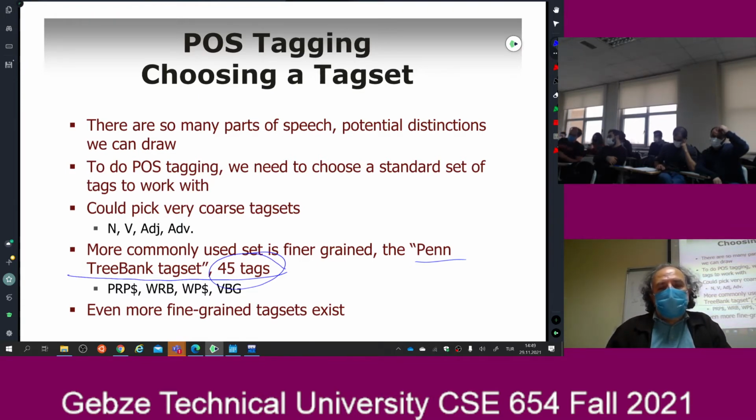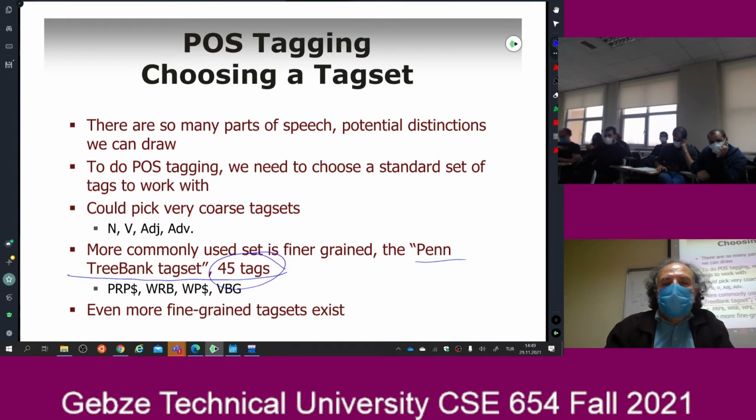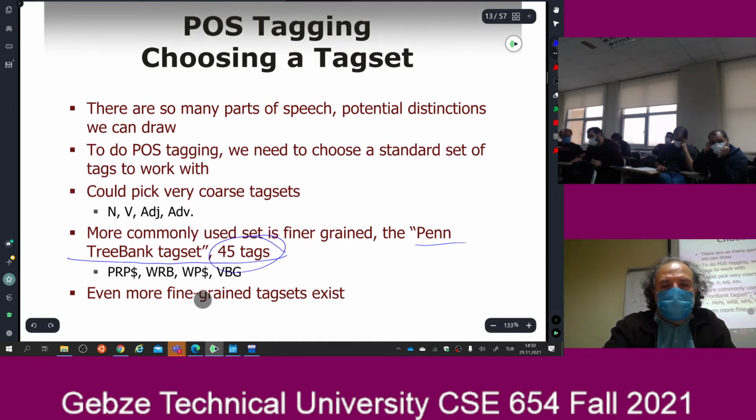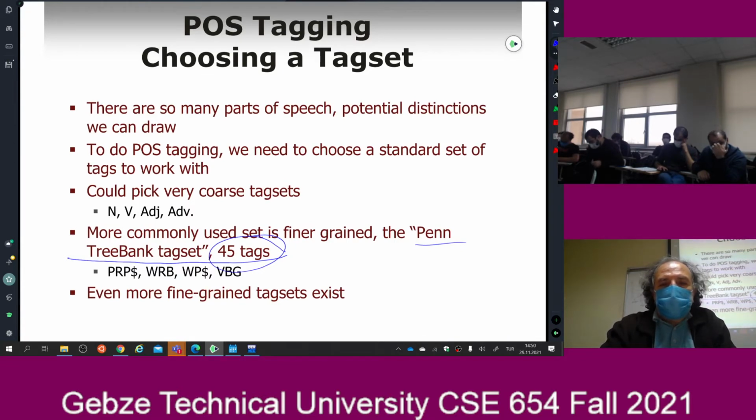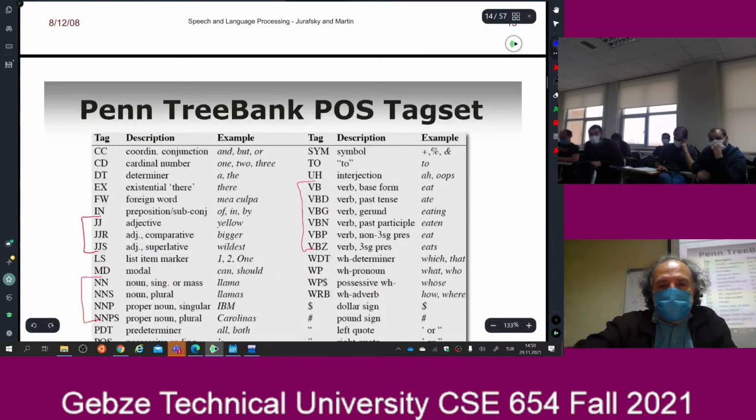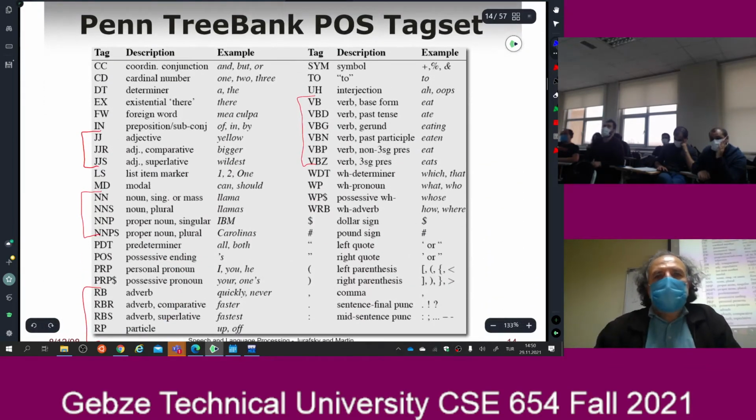And "put with me", I don't know, but it is used in that way. It is intransitive, and for each one I will have a different tag. So 45 seems a little bit large, but there are even larger tag sets that we will see, more than 100 tags for some of the datasets.